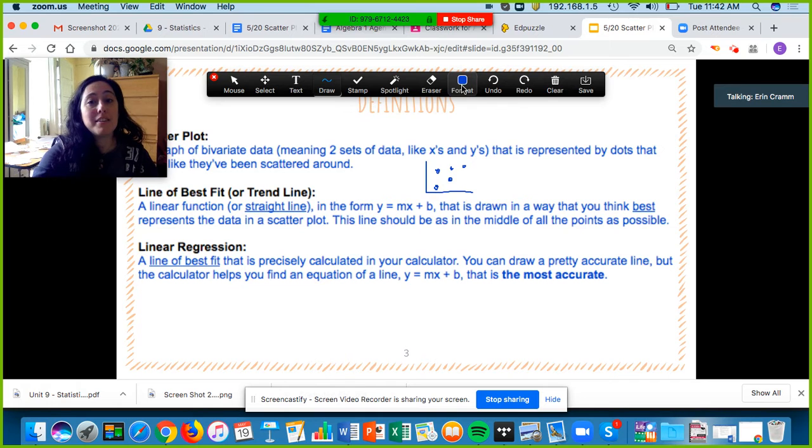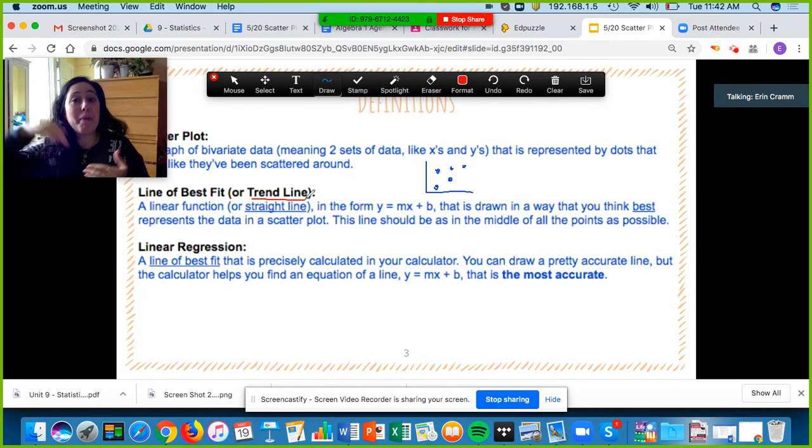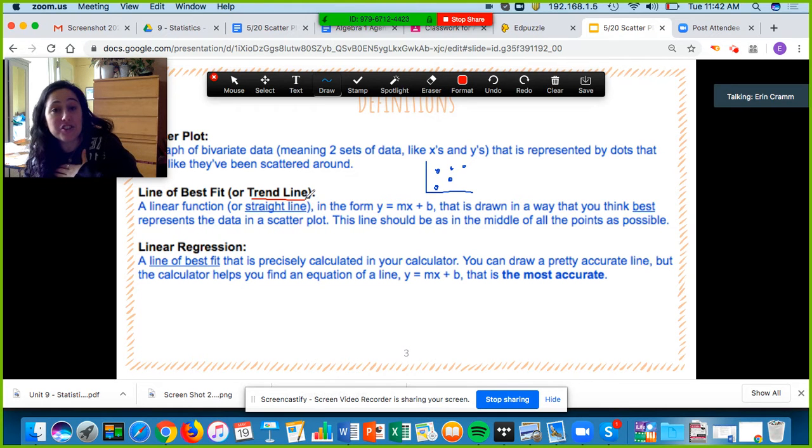A line of best fit is also called a trend line, because just like fashion trends, like we're all wearing fanny packs today, or TikTok is a thing, these have a certain pattern to them, and we can follow that pattern to make a prediction about a future event.